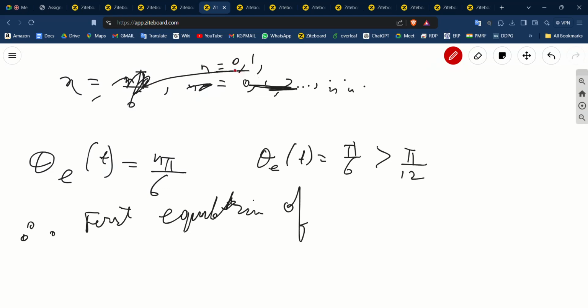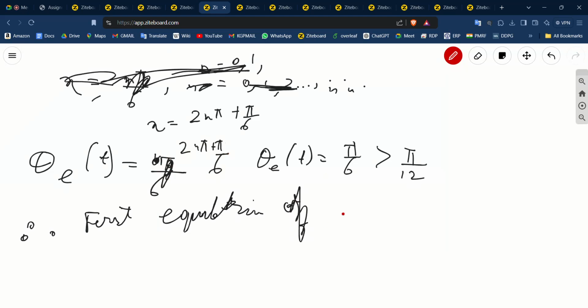Rather, let's express it like this. x is equal to 2n pi plus pi by 6.